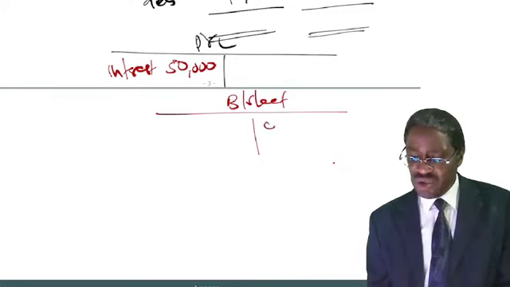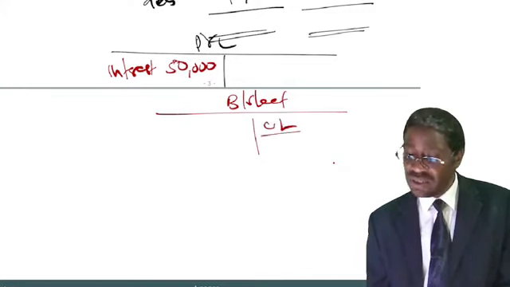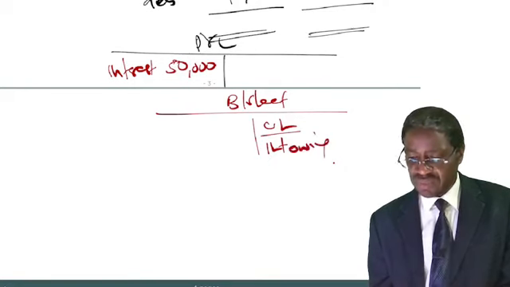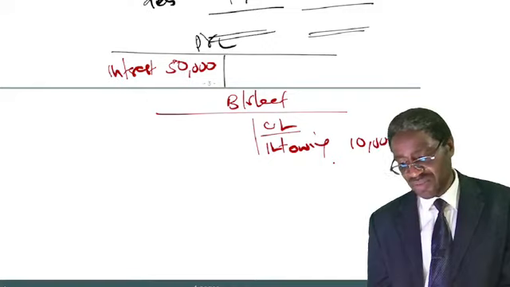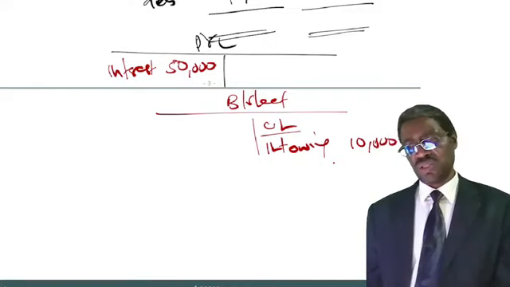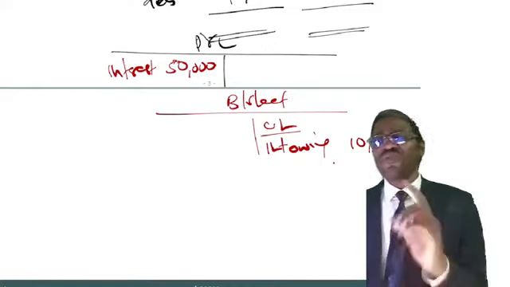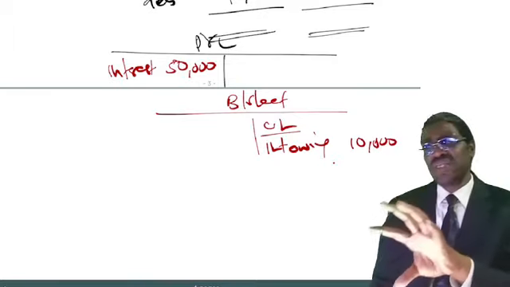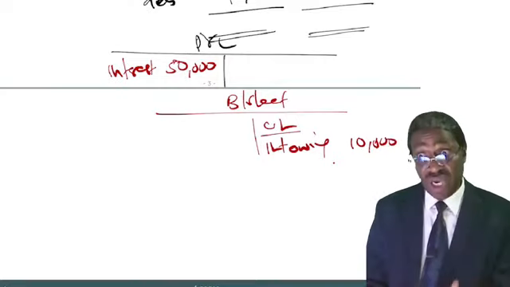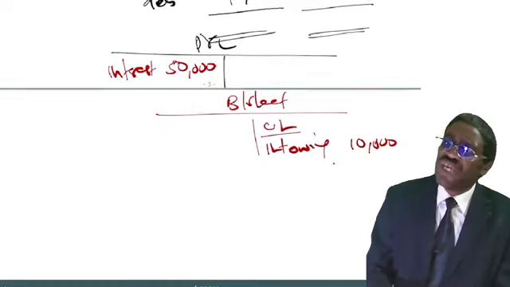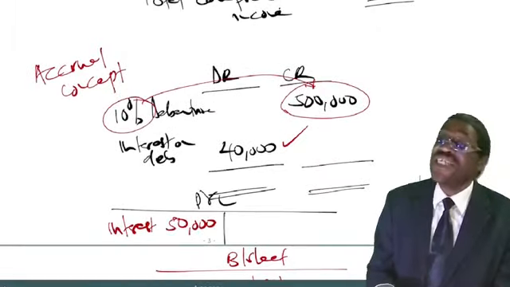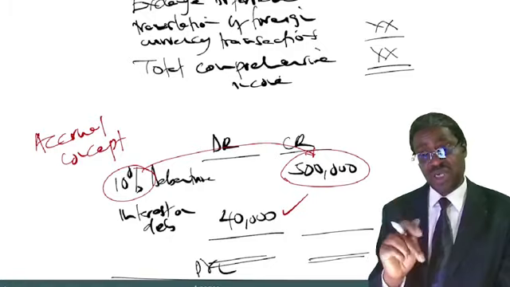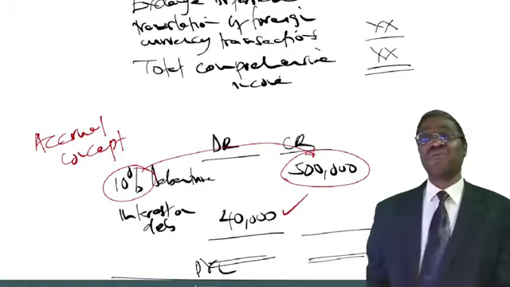So in the balance sheet of that year, I take that 10 as an owing in form of interest, owing of 10,000. So this is what you used to do. Whenever you are preparing an income statement and there was either a loan or a debenture, what you took to the income statement as interest charge is not what you have paid, but it is the charge for the year.